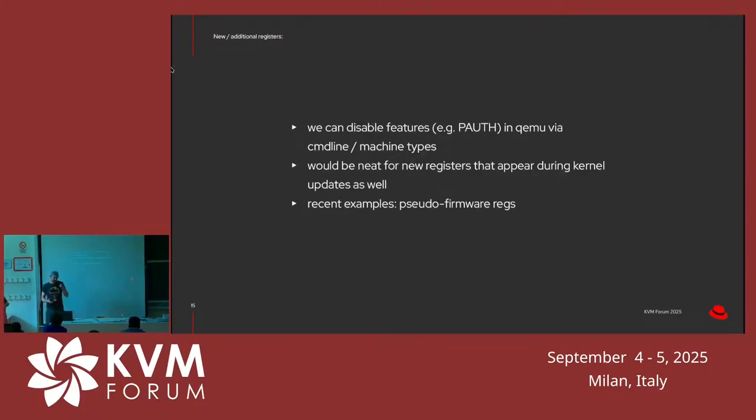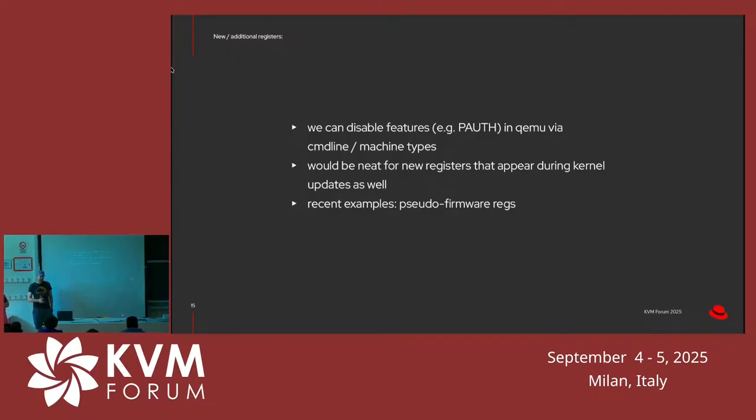Okay, and lastly, some stuff we already talked about yesterday with Oliver. When we have proper feature flags as defined by QEMU, like for example pointer authentication, we can nicely disable them via the command line or for example via machine types.